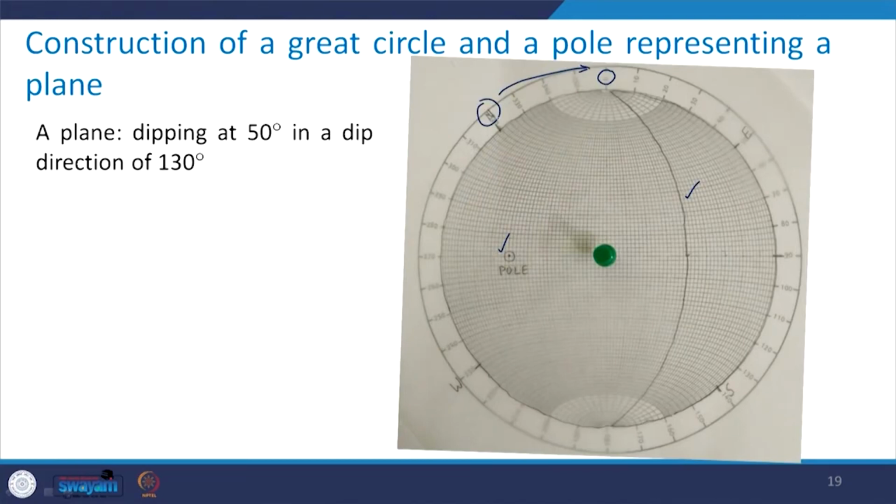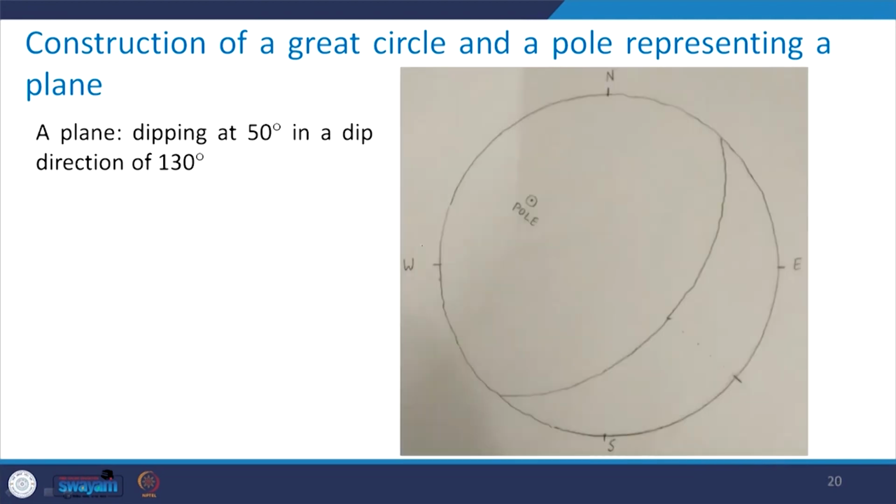So, what we need to do is here again we rotate it back in such a manner that this point coincides with this point, and obviously since it is pinned at the center, automatically this east will coincide with this, south will coincide with this, and this west direction will coincide with this. So, see, this is how it looks like. So, this is your great circle, and of course, this is going to be the pole.